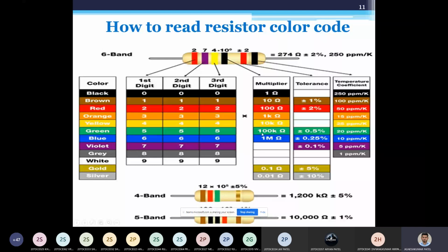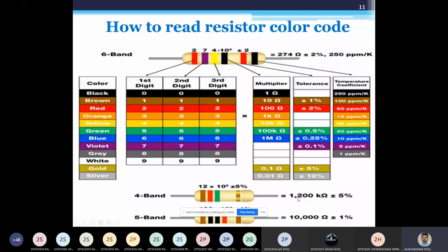It is 100k, which is nothing but 10 to the power 5. So I'll write 12 into 10 to the power 5. This is golden color, so it is a tolerance value of 5%. So I'll say this resistance value is 1.2 mega ohm, or I can say 1200 kilo ohm.